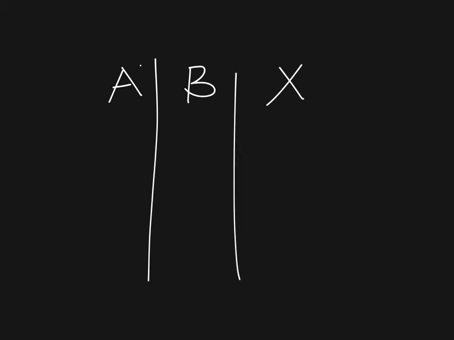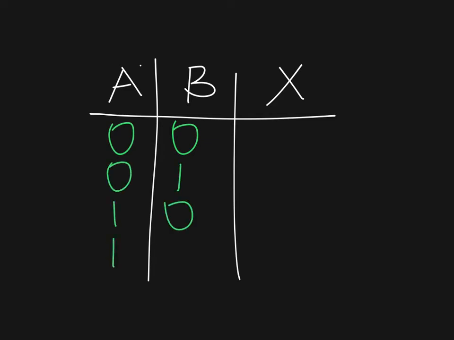So I've got my two input values, A and B, and I've got my output value here. And let's go through all the obvious combinations. I can have 0, 0; 0, 1; 1, 0; and 1, 1. But the mathematics involved here, in order to get this OR gate, is this: X equals A plus B. A and B as a sum, not as a product, not multiplied, but added.